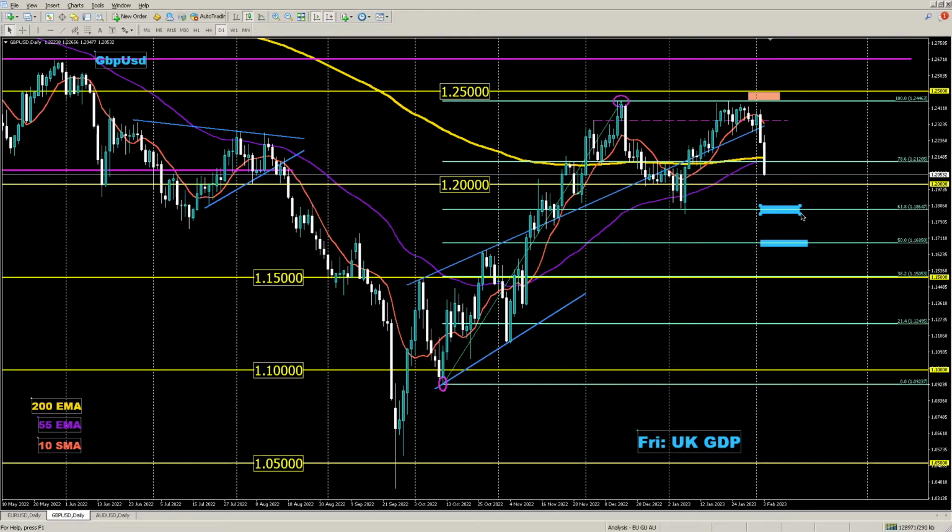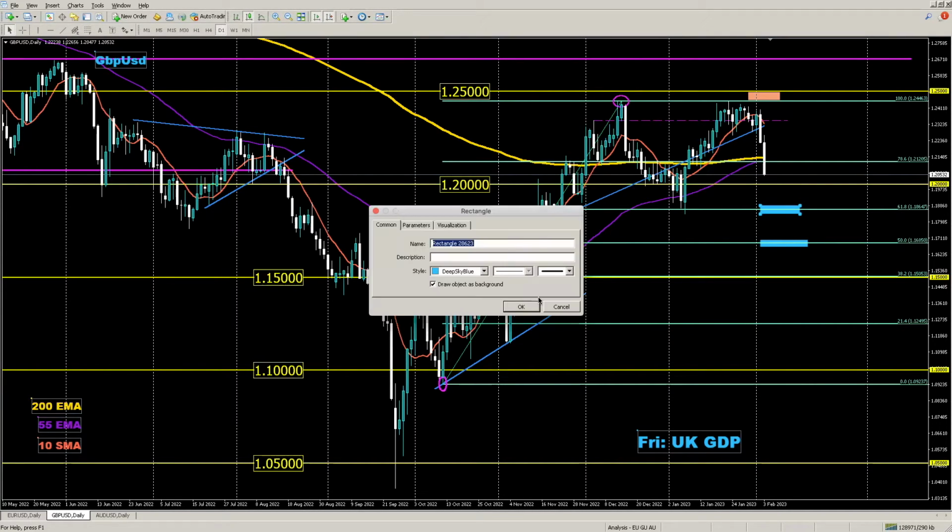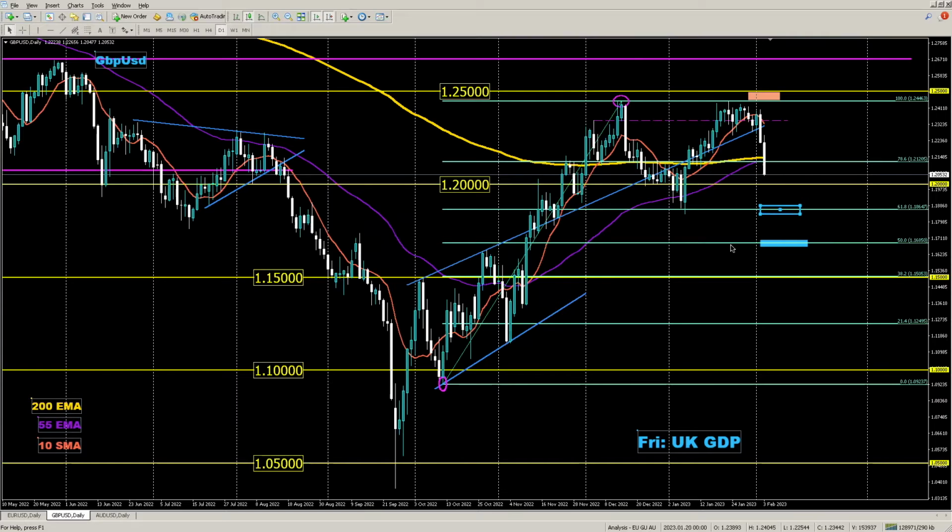We should provide enough support, but it could be an intermediate one, so we'll see. So the 50 Fib retracement is at 116.85, so just below the 117 round figure.